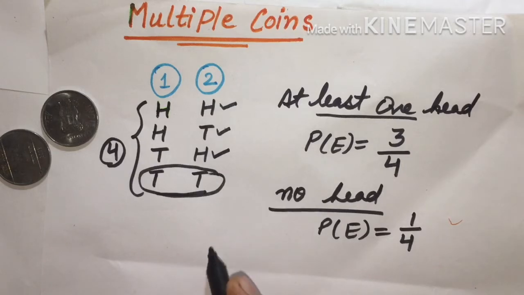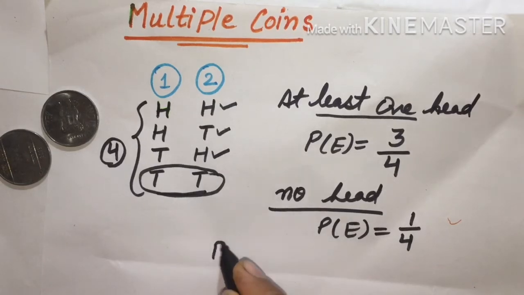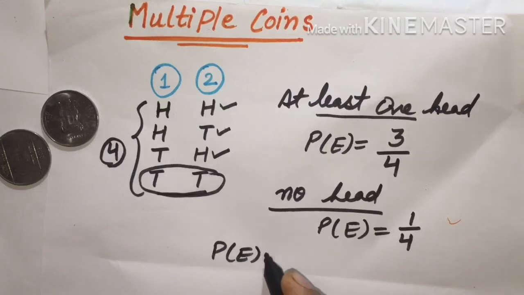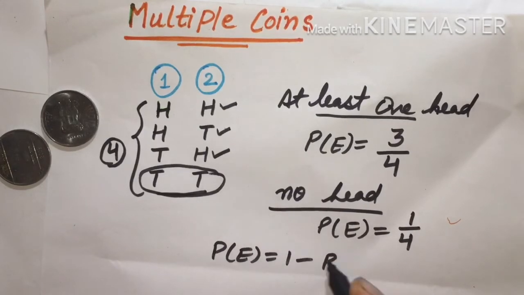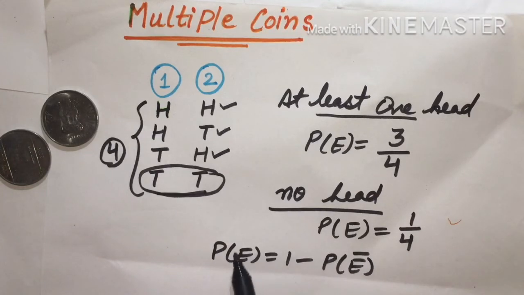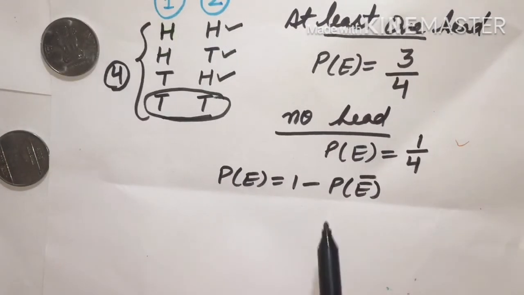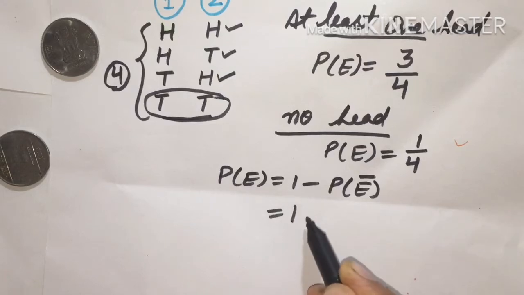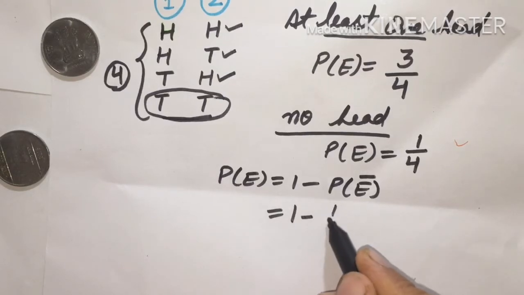As we discussed in previous videos also, the probability of an event happening is equal to 1 minus the probability of that event not happening. So not happening means 1 minus 1 upon 4.